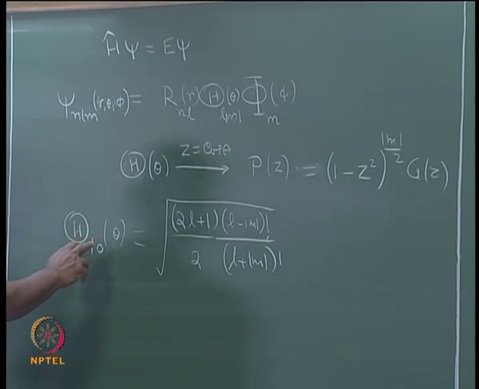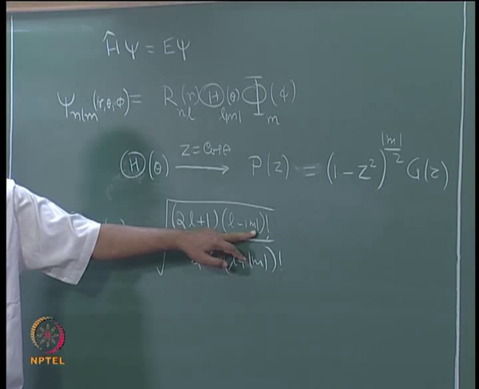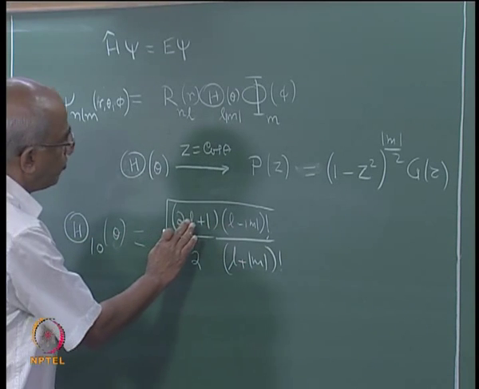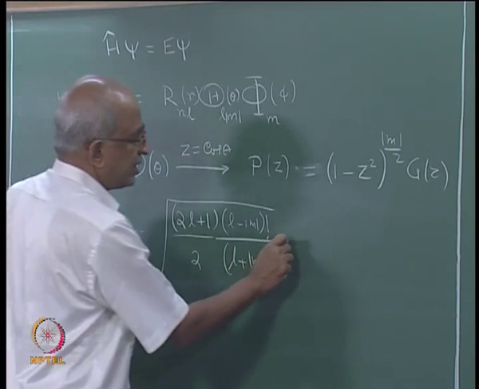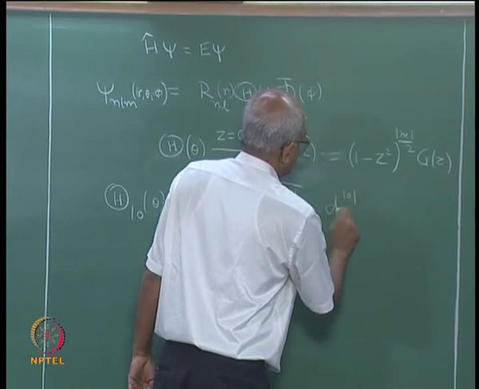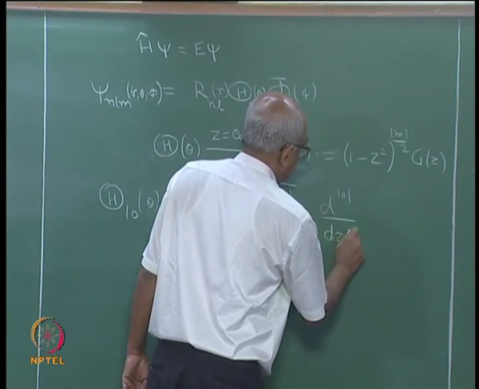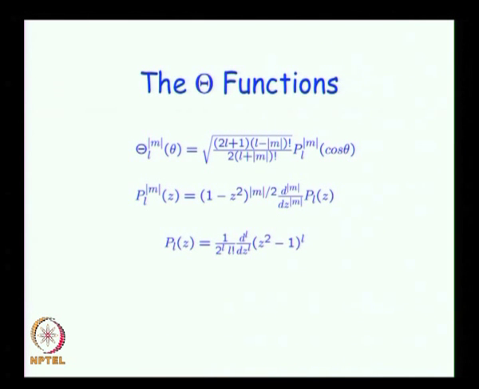And in this equation, if you are interested in this particular function you will have to put L equal to 1 and M equal to 0. That is how you will proceed. So, put L equal to 1 and M equal to 0, and then this is multiplied by d to the power of 0 by dz to the power of 0 of P Lz.